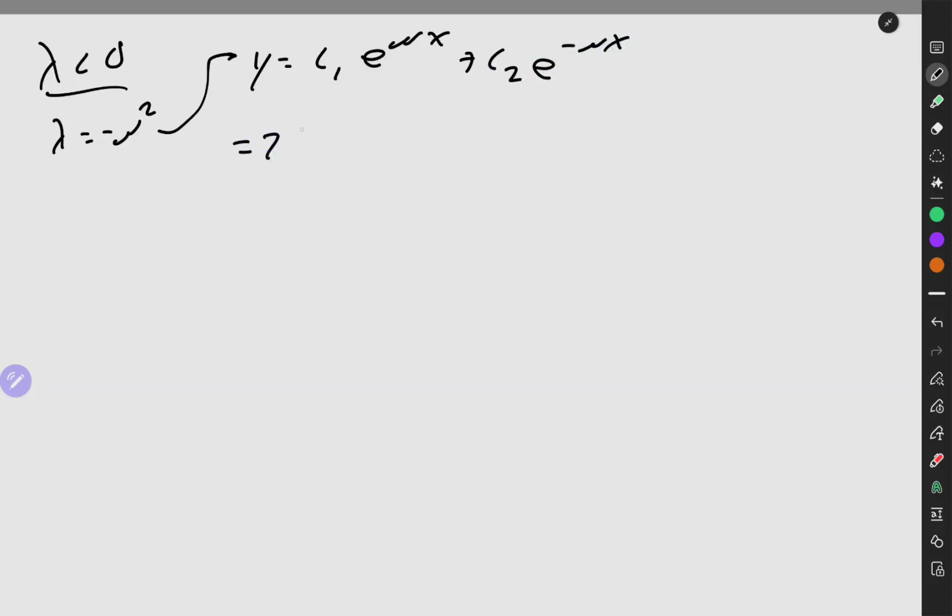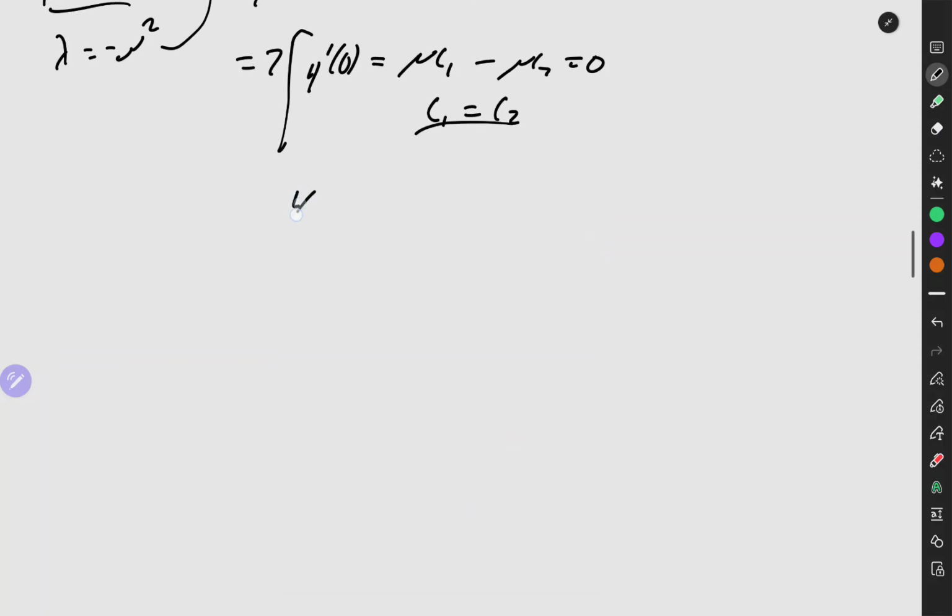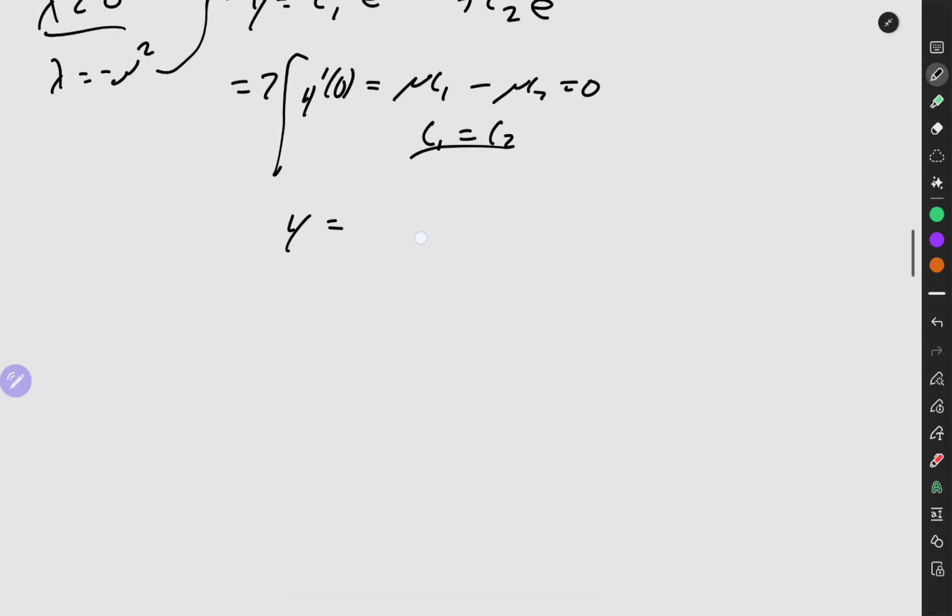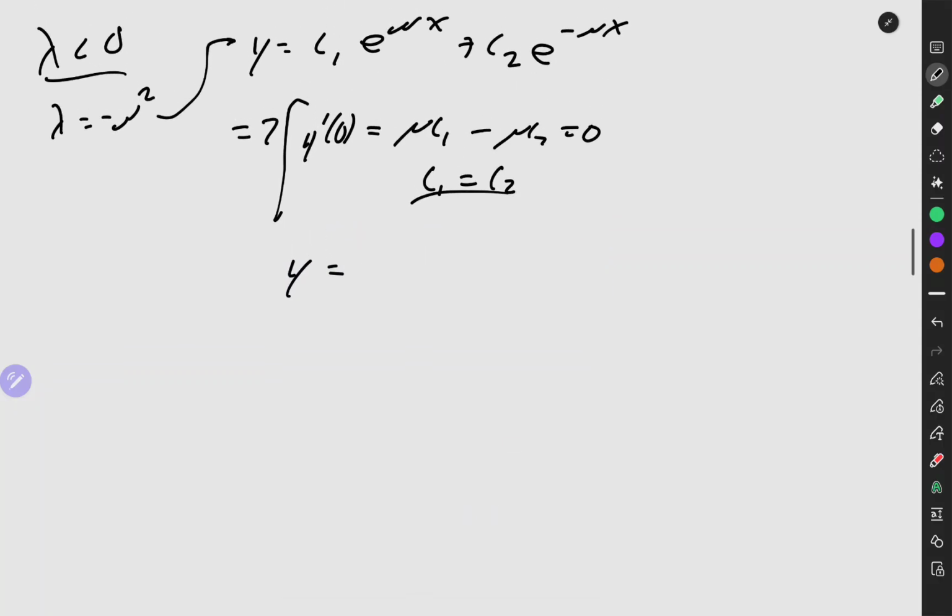And then y prime of 0. Well, yeah, okay, yep. We're going to be left with this right here. Right? So then y, this is just like the last one, the last problem we did.